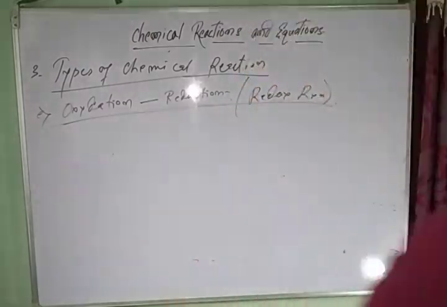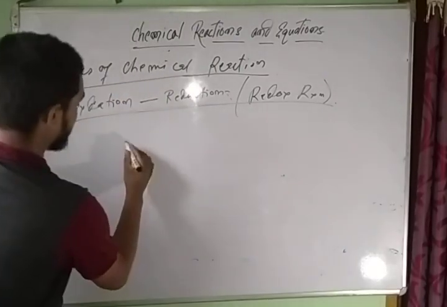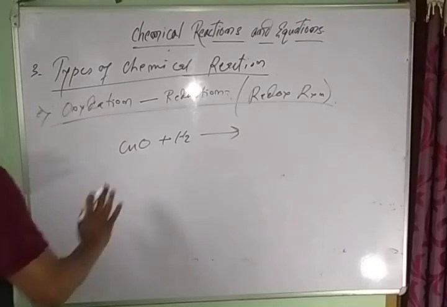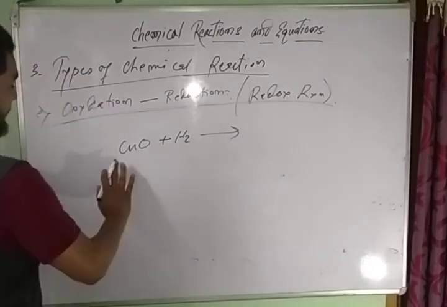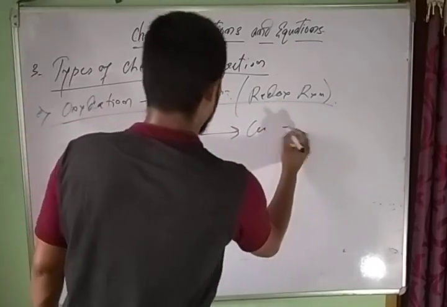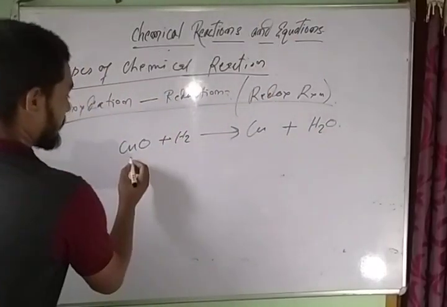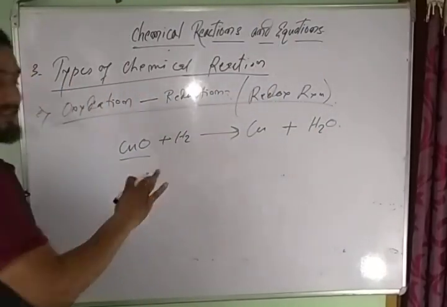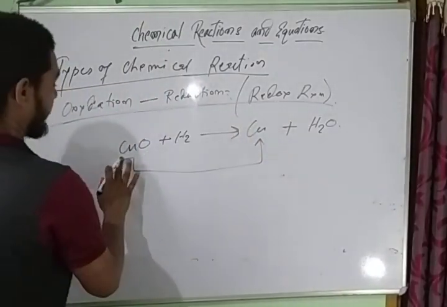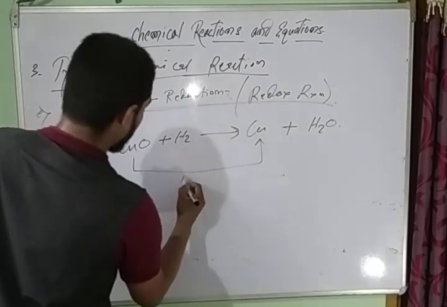For example, CuO plus H2. If copper oxide CuO reacts with hydrogen, it will form copper and H2O, that is water. Here the reactant is losing oxygen and forms copper. So loss of oxygen is called reduction.